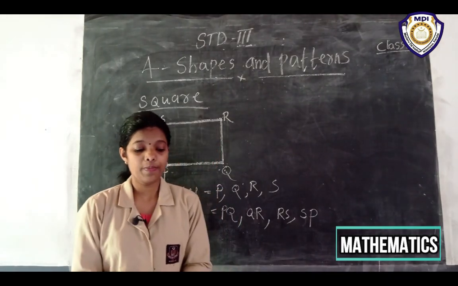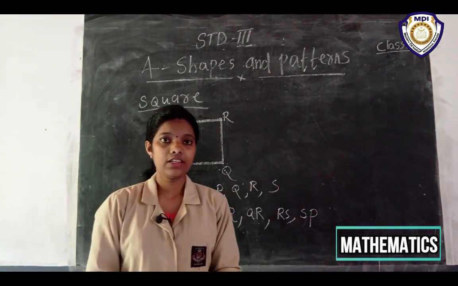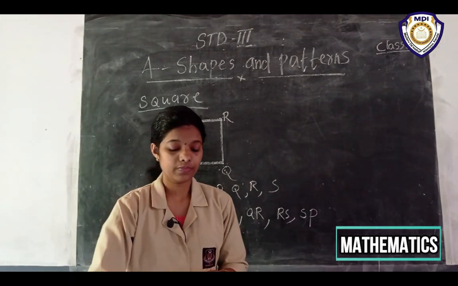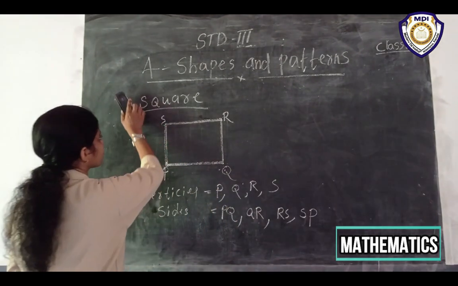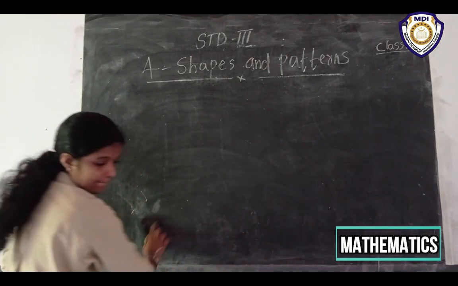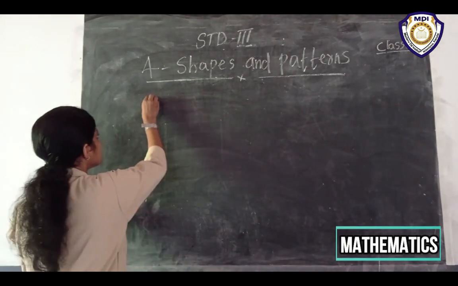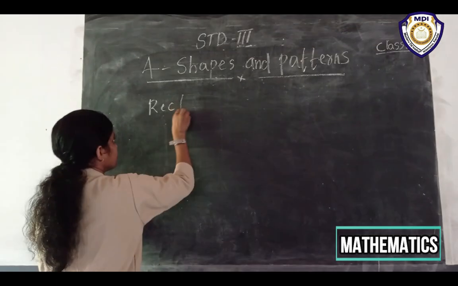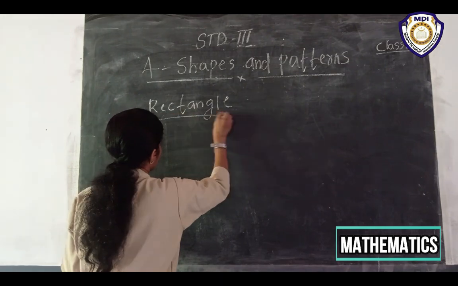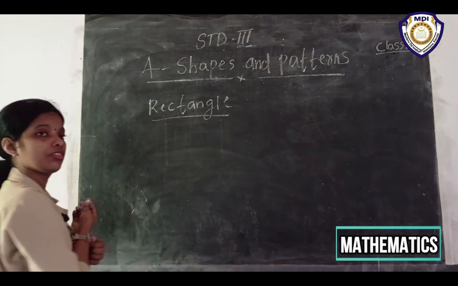Our next shape is rectangle. How to draw?